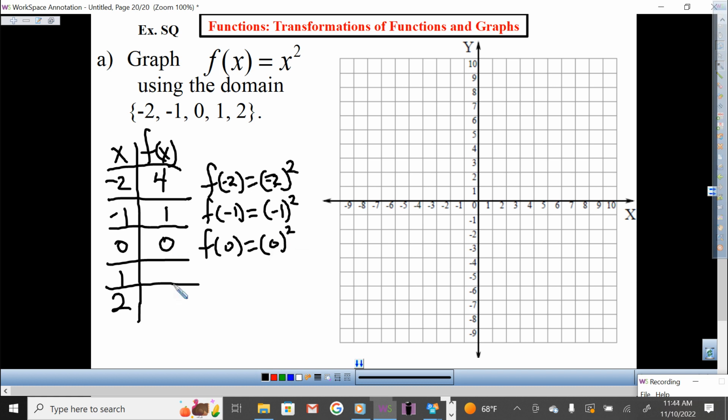Fill in the last 2. Tell your neighbor the last 2, please. Make sure they got it. 1 and 4. All right, let's plot those points. -2, 4. -1, 1. 0, 0. 1, 1. 2, 4. Arrows at the end like so.